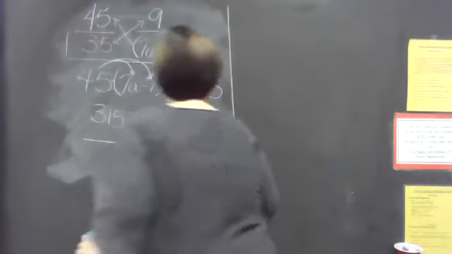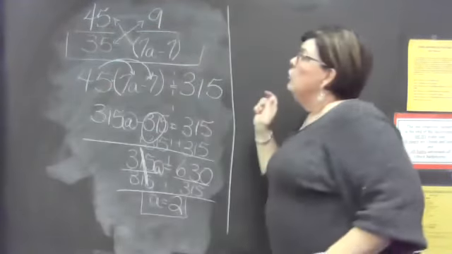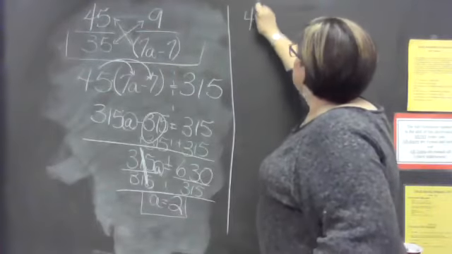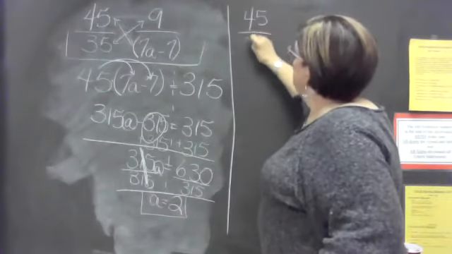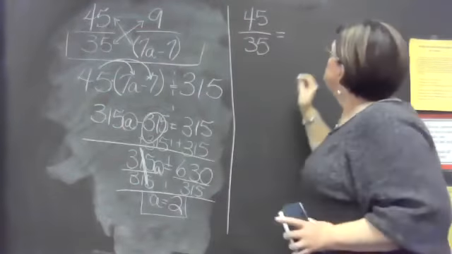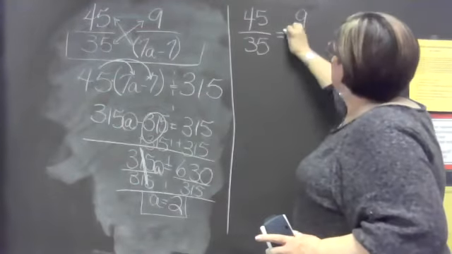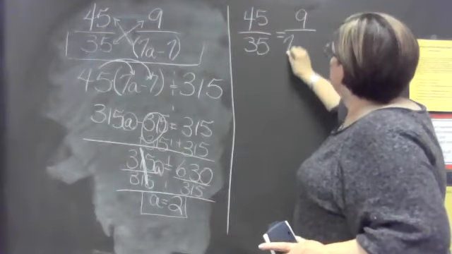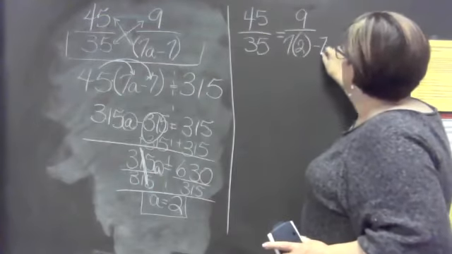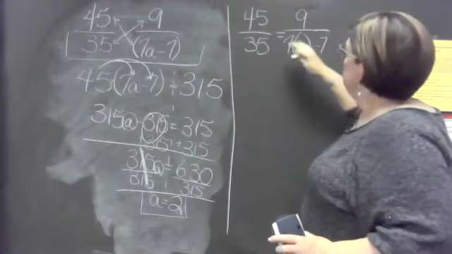Good question. So when we get the answer a is 2, we're saying that if I take 45 and divide it by 35, then that will equal exactly the same thing as 9 divided by 7 times 2 minus 7, okay? So let's go on.